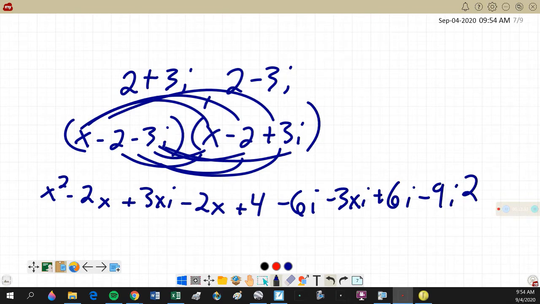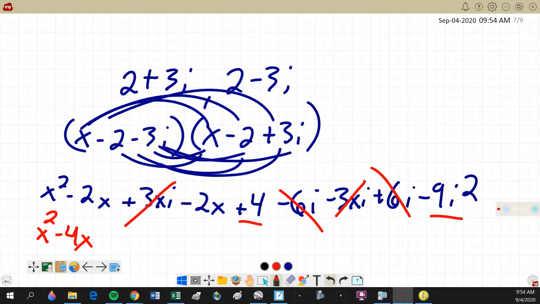Watch what happens. 3xi, negative 3xi, negative 6i, and positive 6i. So the 2's go together, x squared minus 4x, and then I have a 4, and I have a negative 9i squared, which is really 9, and I get plus 13.